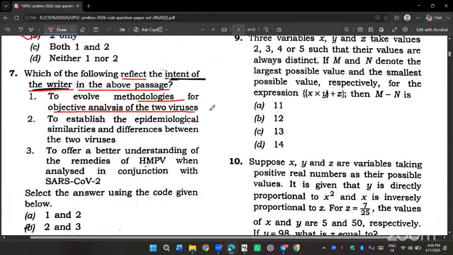Where it is given, we have to evolve the methodologies? Whether the author has spoken about it, has given any clue about it, nothing. Then how can you say methodologies should be developed?